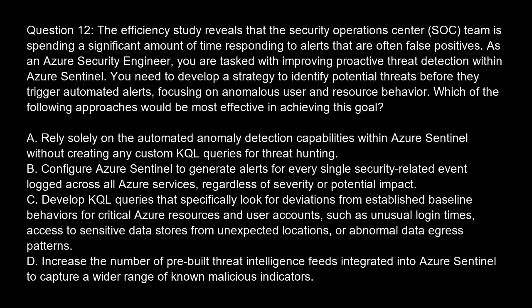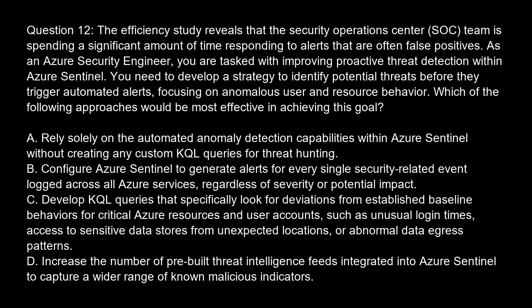Option A. Rely solely on the automated anomaly detection capabilities within Azure Sentinel without creating any custom KQL queries for threat hunting. Option B. Configure Azure Sentinel to generate alerts for every single security-related event logged across all Azure services, regardless of severity or potential impact.